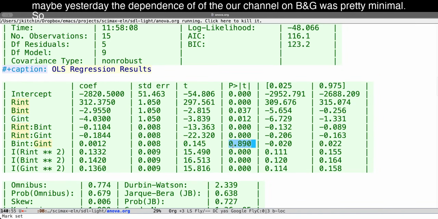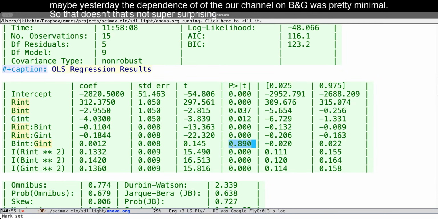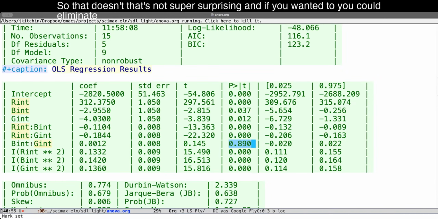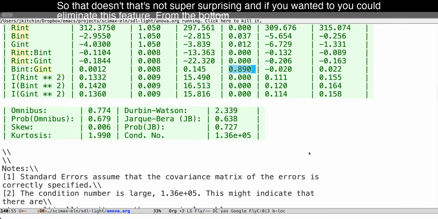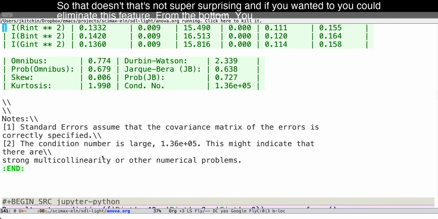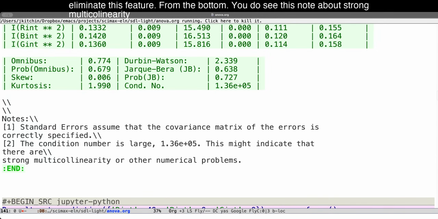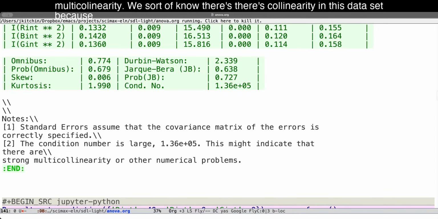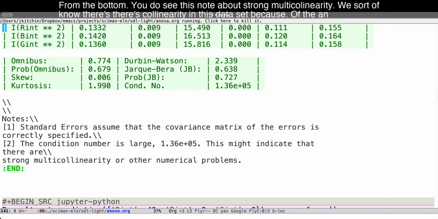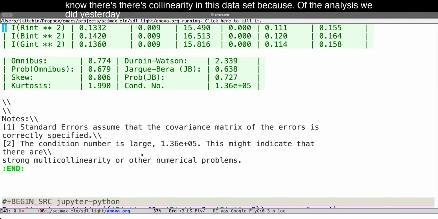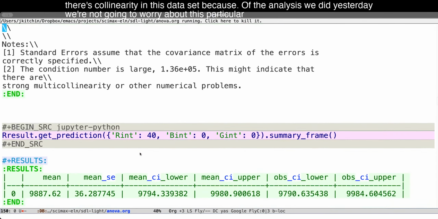So that's not super surprising, and if you wanted to, you could eliminate this feature from the model. You do see this note about strong multicollinearity. We sort of know there's collinearity in this data set because of the analysis we did yesterday. We're not going to worry about this particular thing.